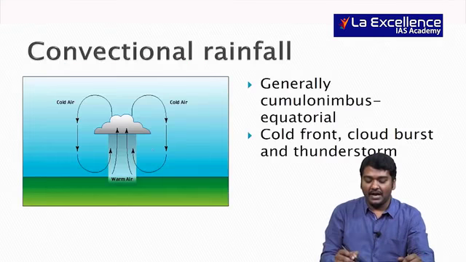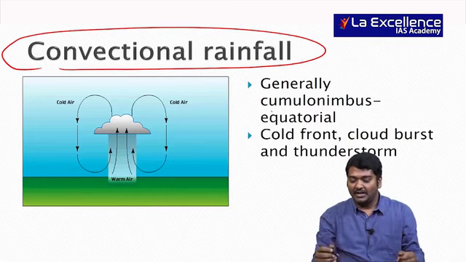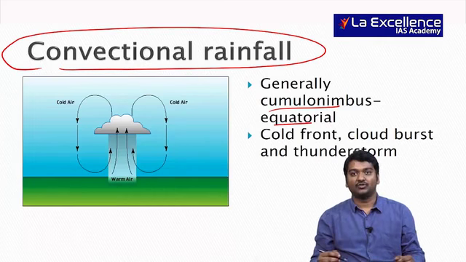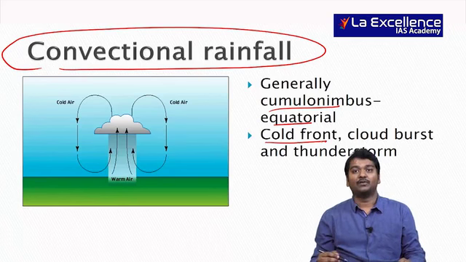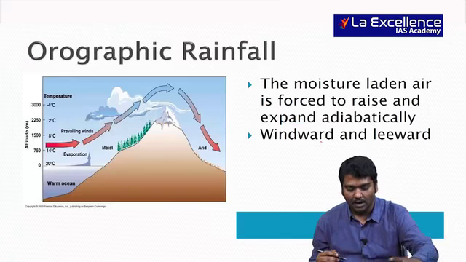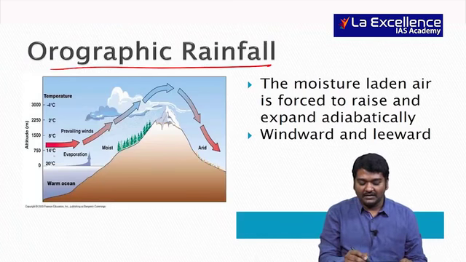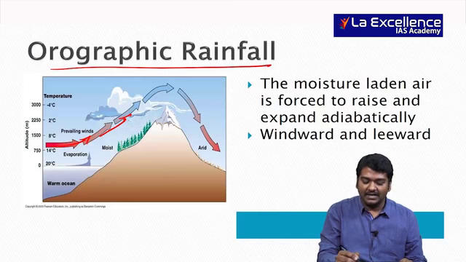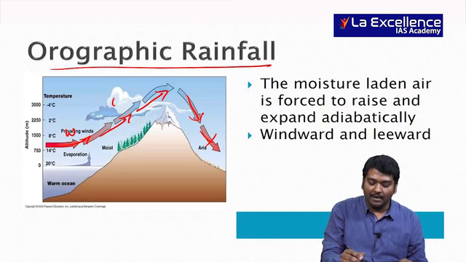Rainfall. Usually, I told you, you have convectional rainfall, and as air rises vertically, cumulonimbus clouds are usually seen. Even whenever there is a cold front, cumulonimbus clouds will be seen. Orographic, whenever you have a mountain. Can you see here? Winds are rising above, and winds are coming down. Rising means water will become ice.